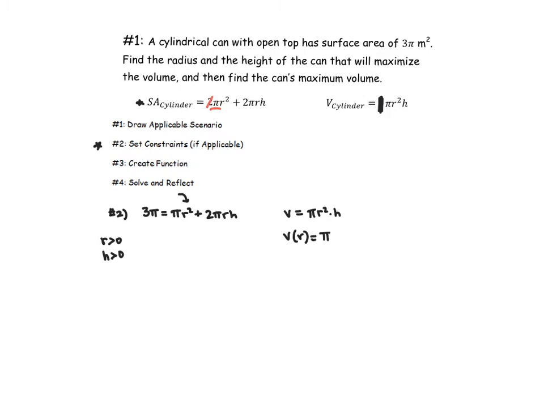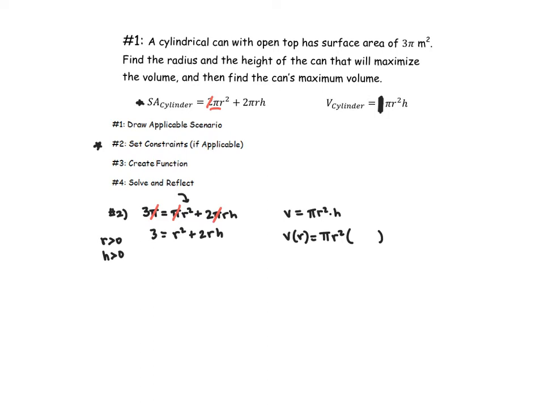So I'm going to write v equals pi r squared times something, and that something is going to be h in terms of r. So the first thing I would do is drop all pi's by dividing by pi. So I get 3 equals r squared plus 2rh.